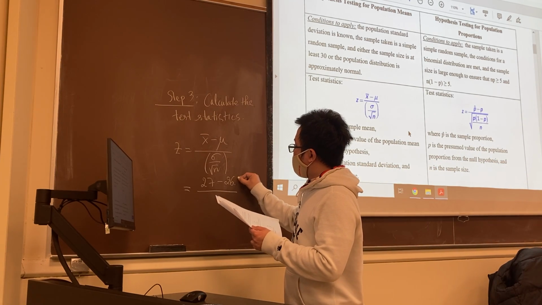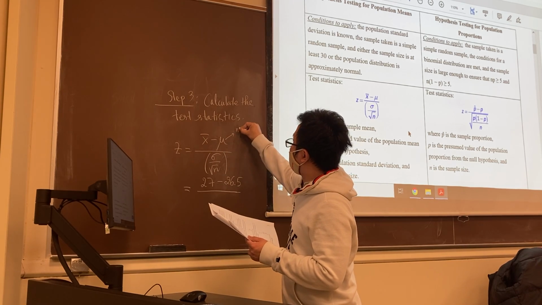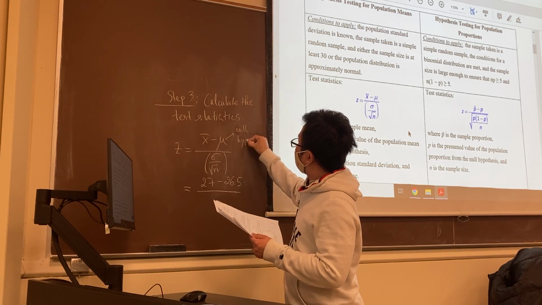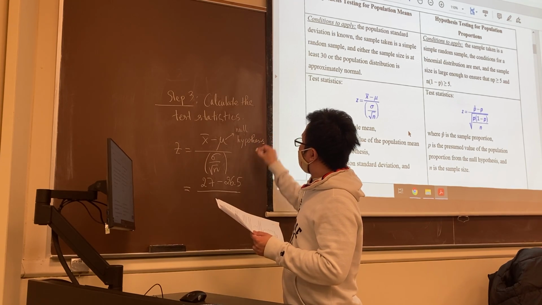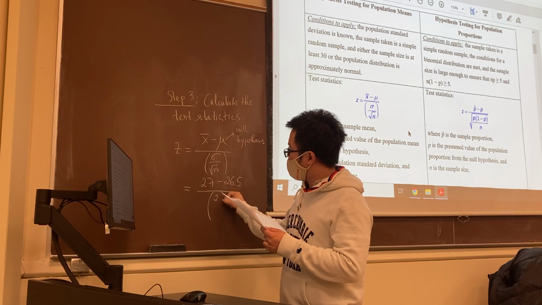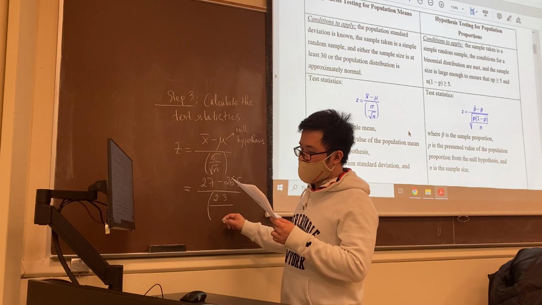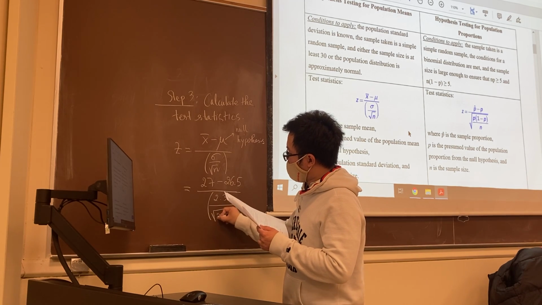That is the mu of the null hypothesis. And sigma they give you is 2.3, and n here is 213.